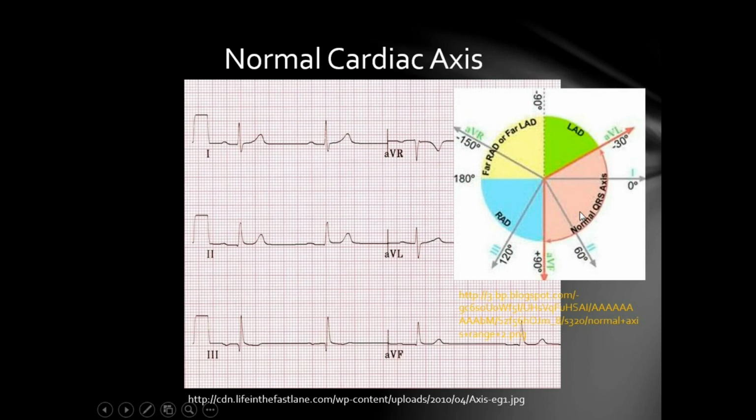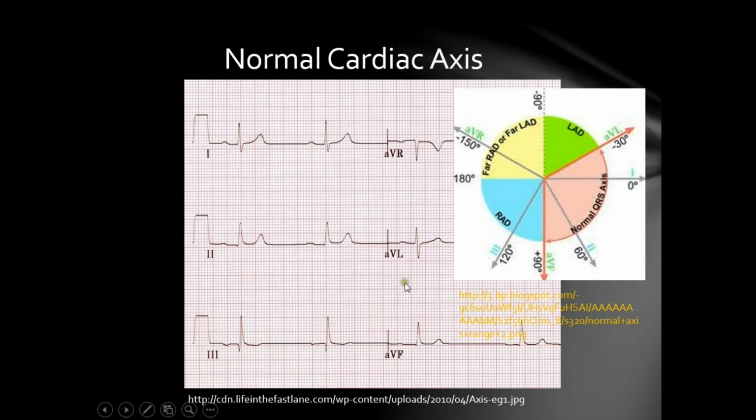You could confirm it again on this illustration. If it's moving like this, to the left and downwards, your 1, 2, and aVF will be positive. And just to confirm, you can see that aVR is negative, so it's moving away from aVR like this, downwards and to the left.